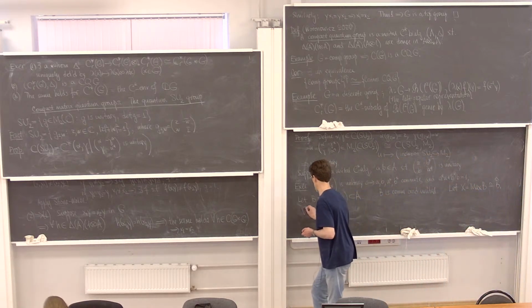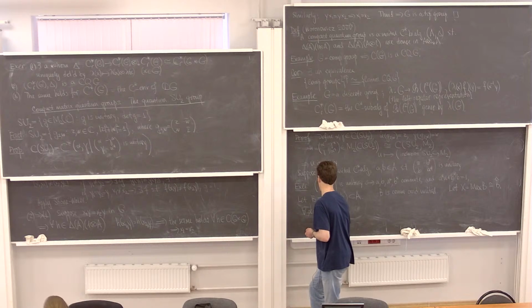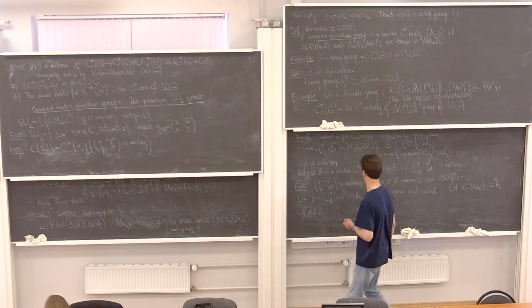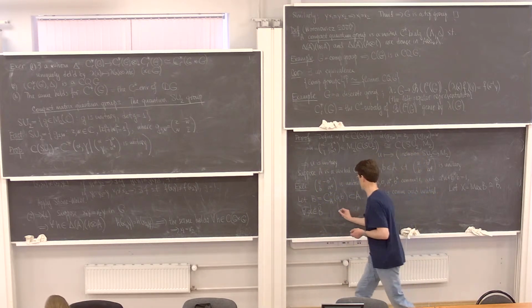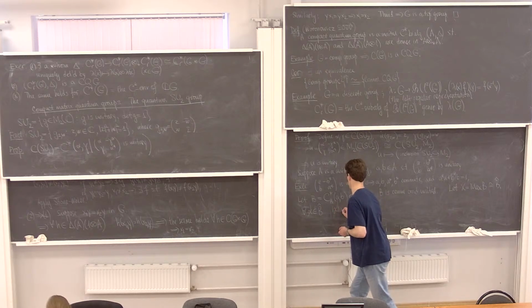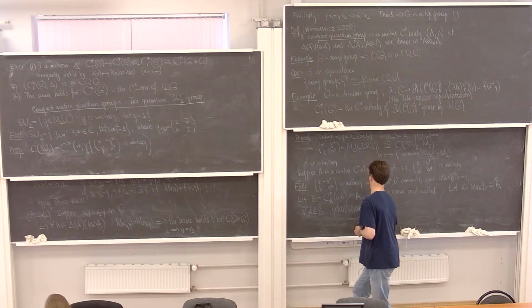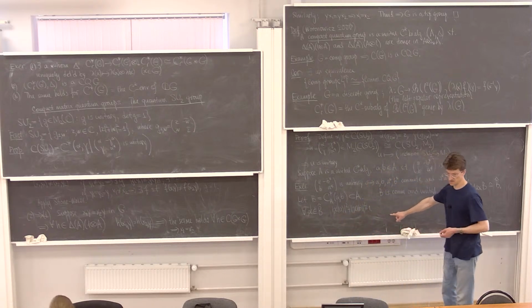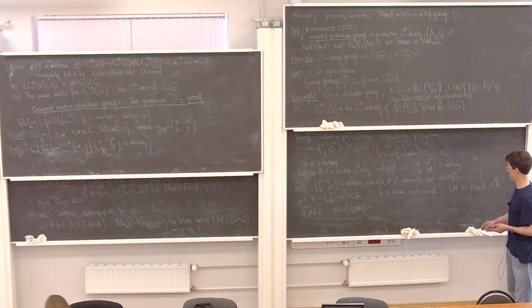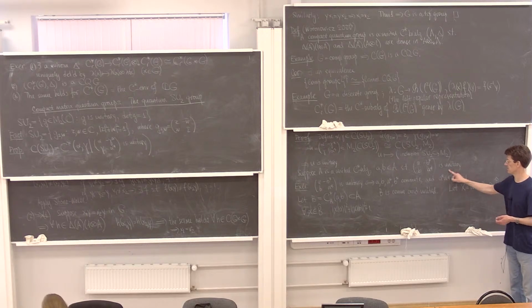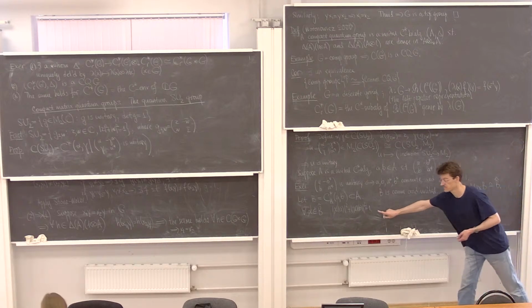And we observe that for every character chi of B, we have the following relation. So this is obtained by applying chi to this equation. We simply apply chi to this, and we get this.